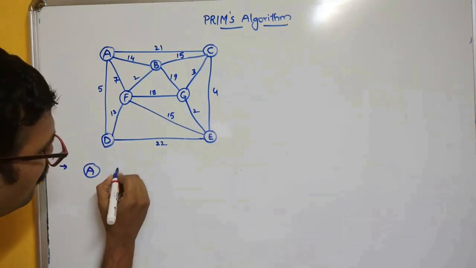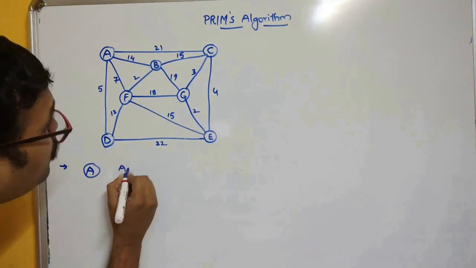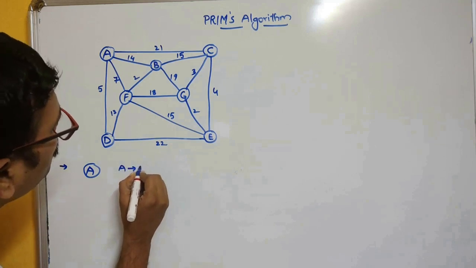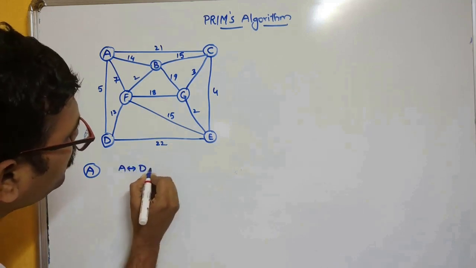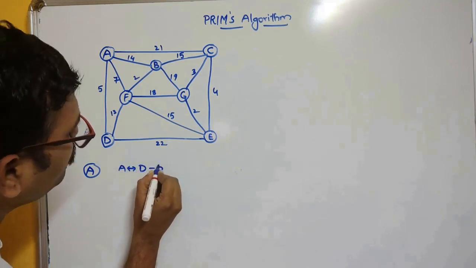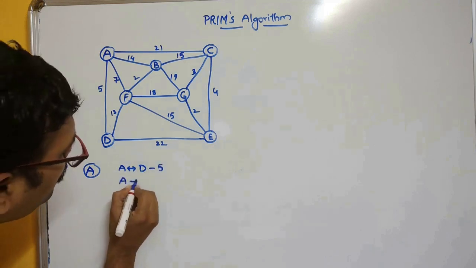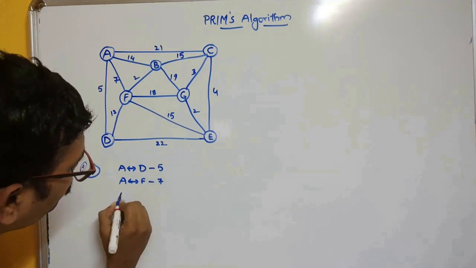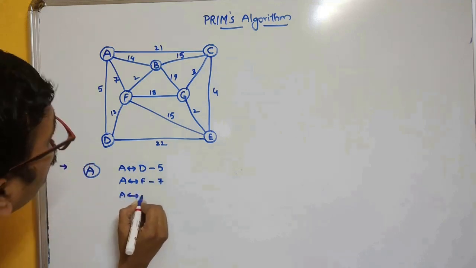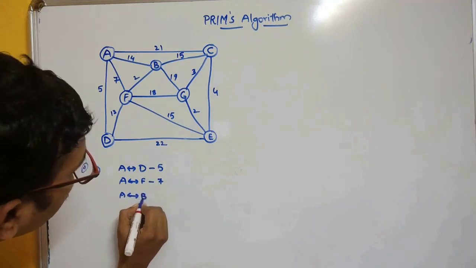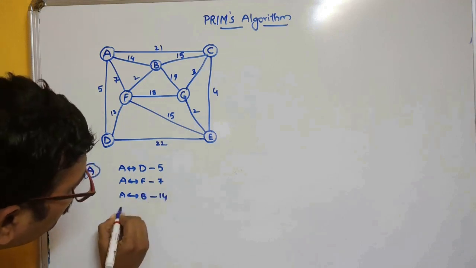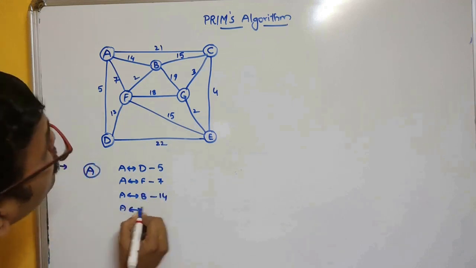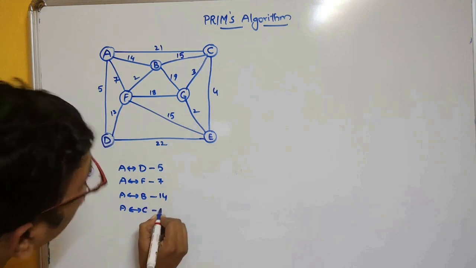So edges are A to D with a 5, A to F with a 7, A to B with a 14 and A to C with a 21.